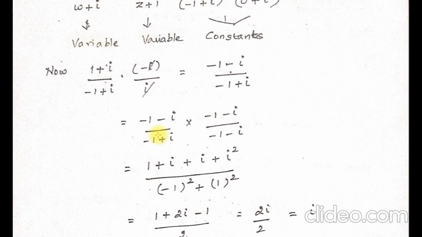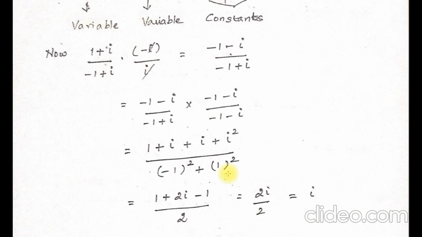So when you are multiplying the numerator, I will be getting this, and the denominator, that is z and its conjugate, will give you real part square plus imaginary part square. The real part is minus 1, so minus 1 the whole square, plus imaginary part is 1, the 1 whole square. So I am simplifying this.